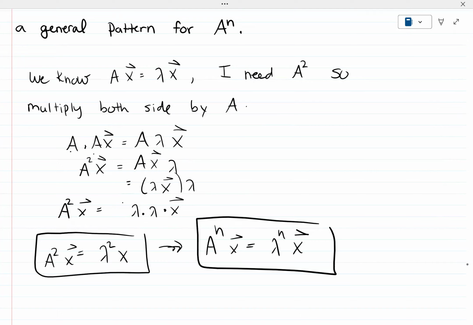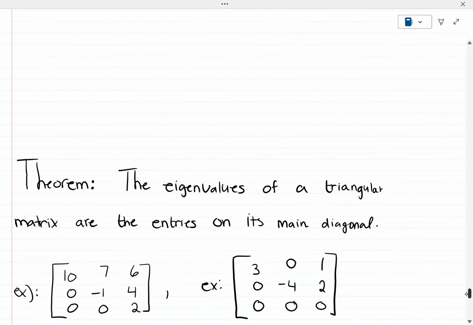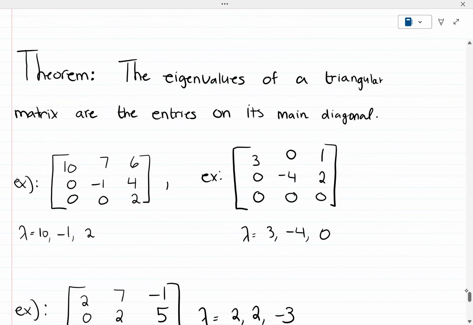Let's go over one last theorem, and then we'll end it here. The eigenvalues of a triangular matrix are the entries of its main diagonal.